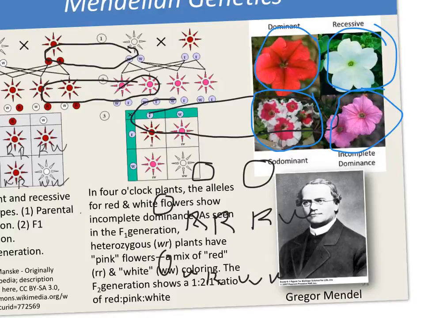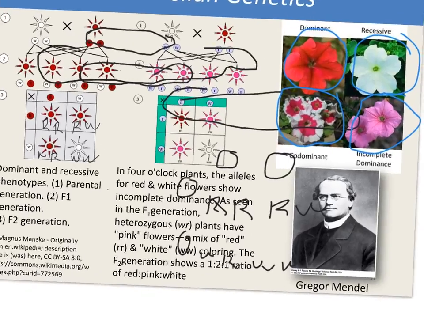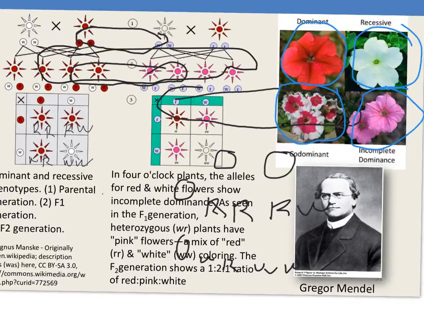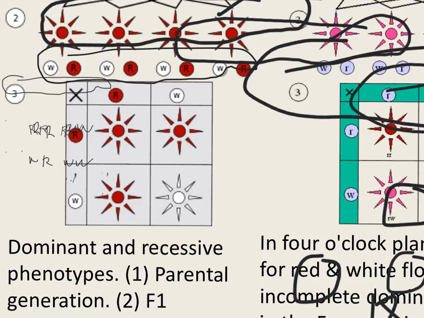So, you can read this on the four o'clock plants and the ratio that you should get. So here we have a red allele and a white allele. And here we have a white allele and a red allele. Okay? So if we go red to red, we'll end up with homozygous red.